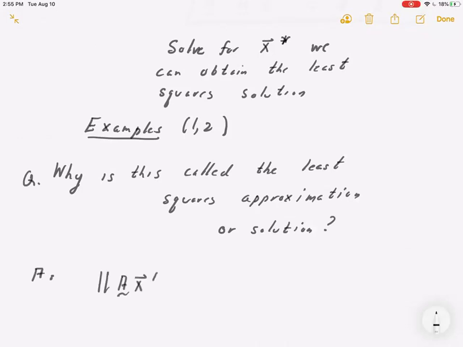In this problem, we want to make the error, in order for this projection of B onto the plane to be as close as possible to B, the error must be, the norm of that vector must be as small as possible.